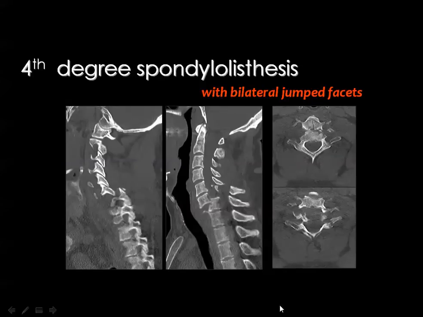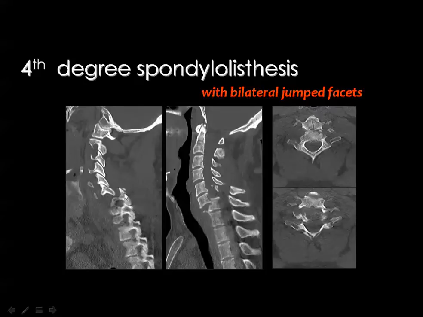Then if you look carefully here, there is traumatic spondylolisthesis of C6 over C7, and if you look at the sagittal images, you can see that the above facets have normal relation to each other, while at the level of the fracture, the articular facet is now anterior to the inferior articular facet.